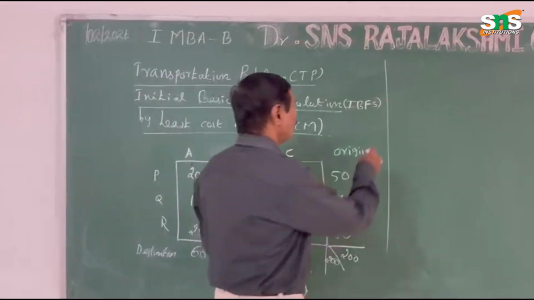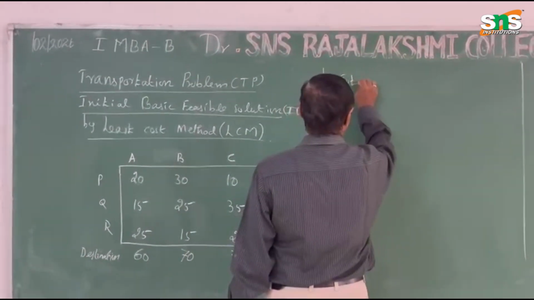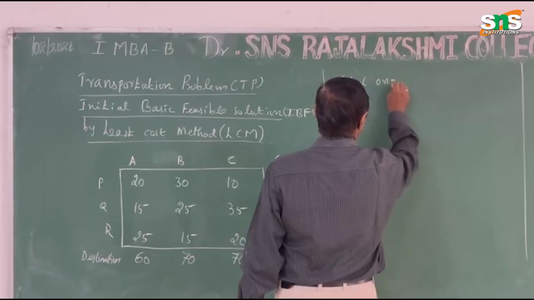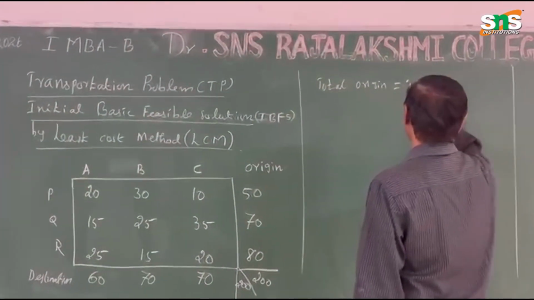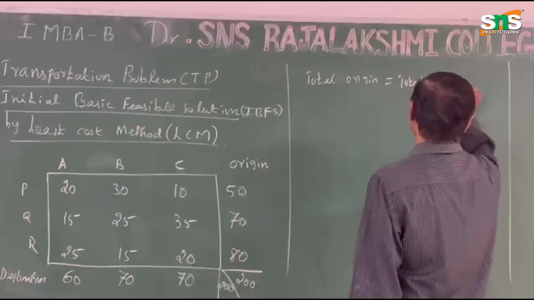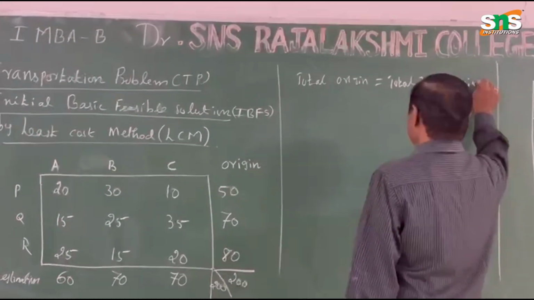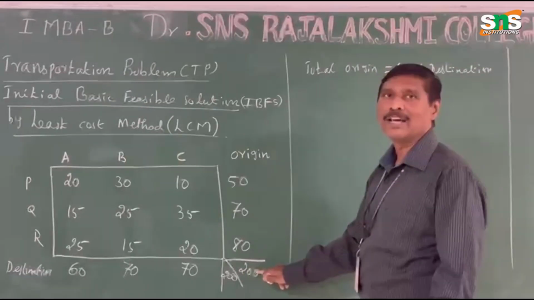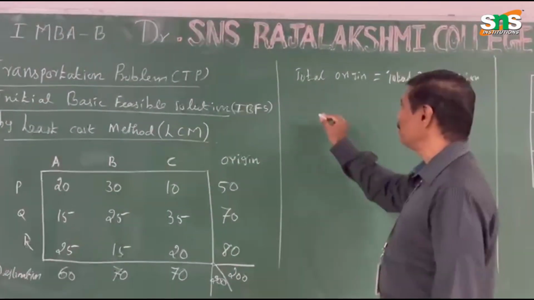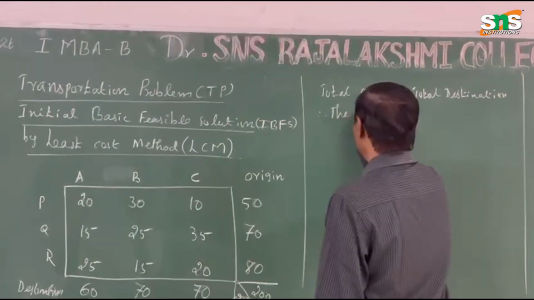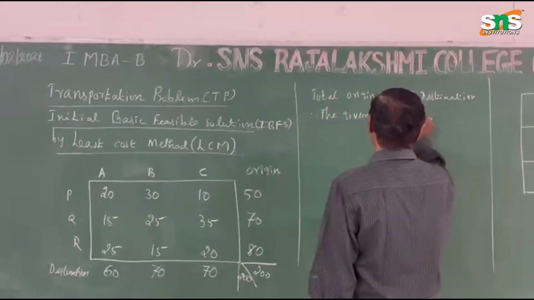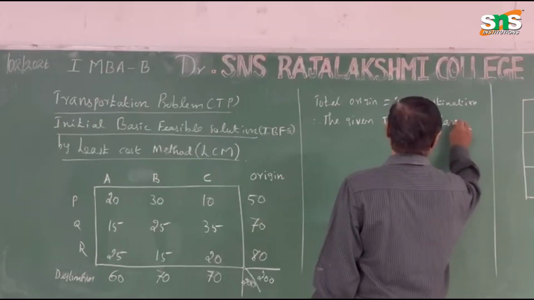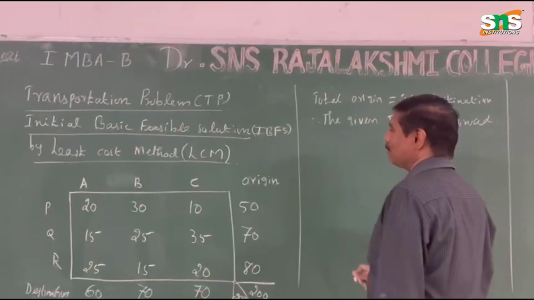That is, the total origin is equal to the total destination. These two are equal, 200 is equal to 200. Therefore, the given transportation problem is balanced. If it is balanced, we get a feasible solution.